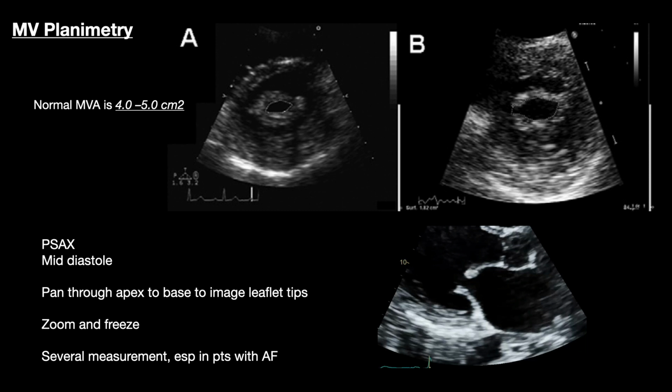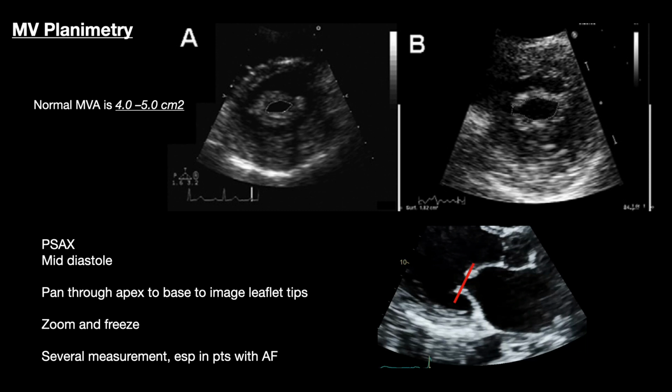The optimal timing of the cardiac cycle to measure planimetry is mid-diastole, and you need to zoom in and use a frozen image. But before that, as part of that process, you need to pan through the valve from apex to base, or apical side to basal side, to find the narrowest aperture of the leaflet tips, because that's really what you want to measure.